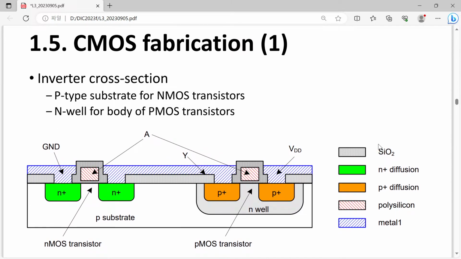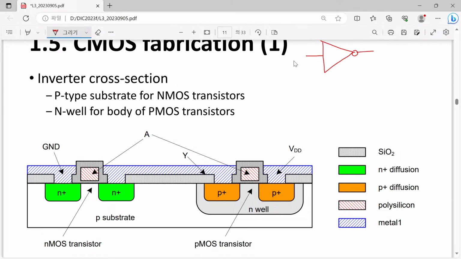Yes, you are now looking at the inverter. So how can you visualize your inverter in your mind? For some, maybe this is your inverter. I have A and I have Y. This is your inverter.